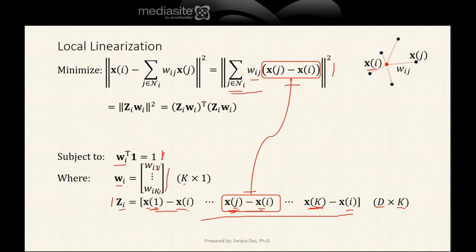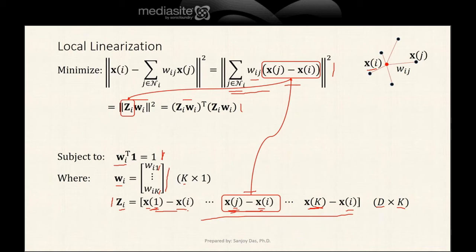So this summation is actually equal to the L2 norm squared of Zi matrix times Wi vector, which is equal to (Zi Wi) transpose times Zi Wi.